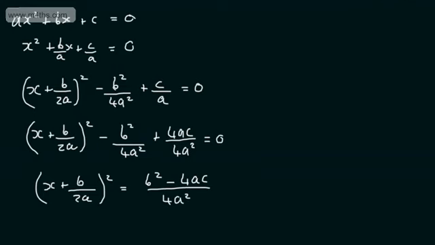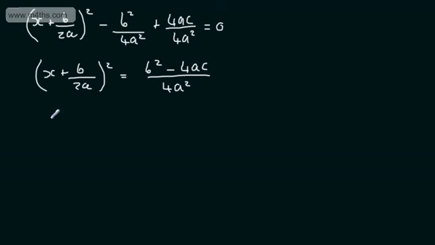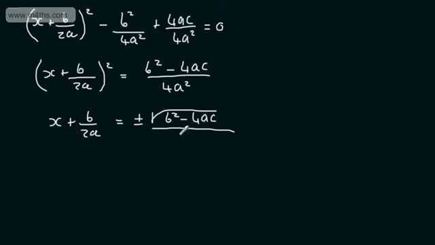At this stage, I want to square root both sides of the equation. So x plus b over 2a will be equal to plus or minus the square root of b squared minus 4ac over the square root of 4a squared, which is just going to be 2a. Now I'm going to subtract b over 2a from both sides.